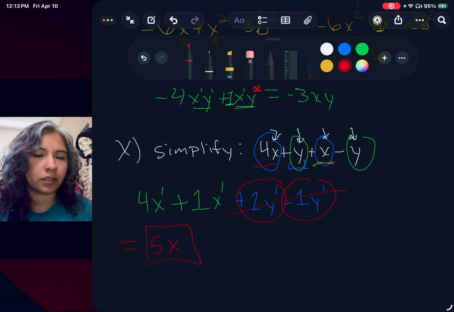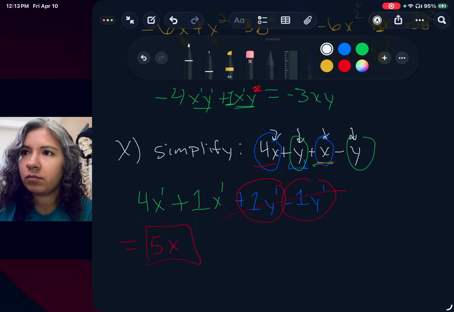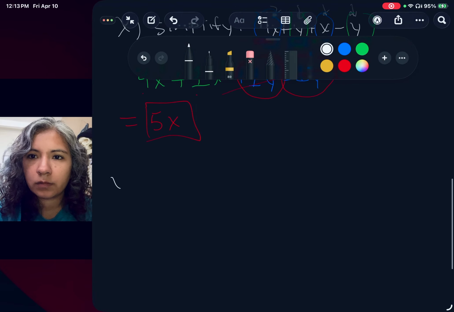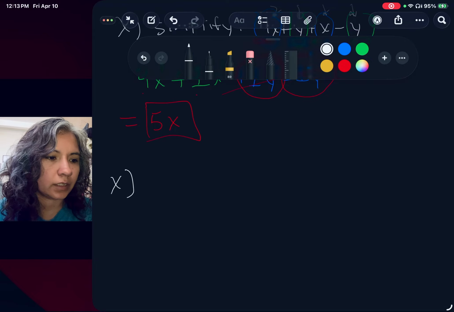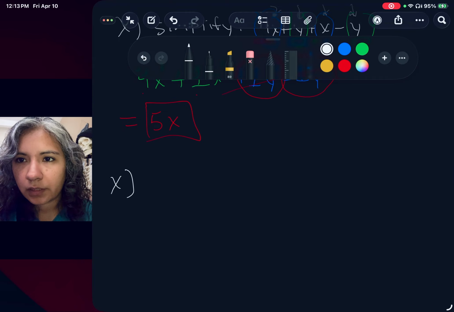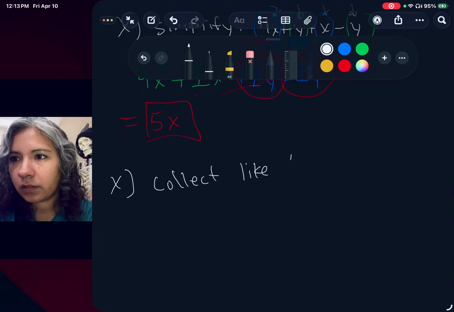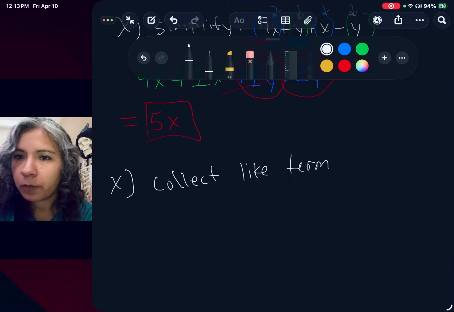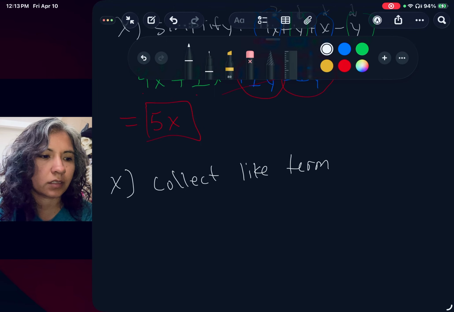So now let's do another example. And instead of simplify, I'm just going to say collect the like terms, since we were talking about algebraic terms for this lesson.